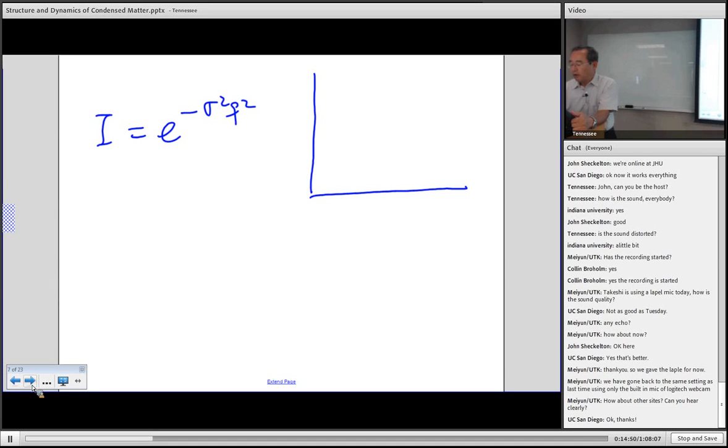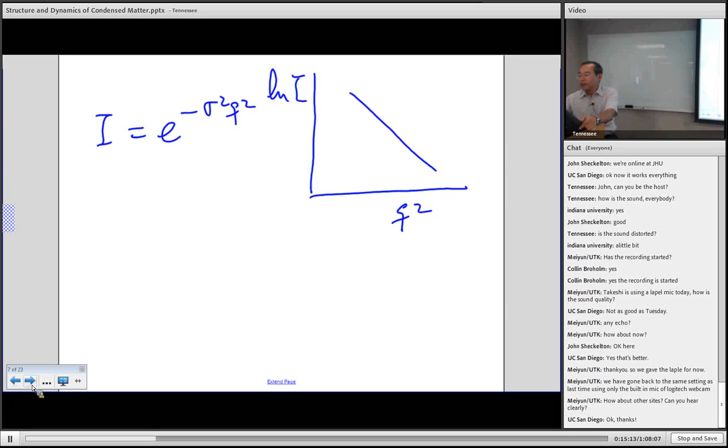If you plot the log of intensity against Q², where Q is proportional to sine theta, and theta is small, so Q is proportional to theta, so Q² is almost like theta², then you get a straight line. From the slope you get this sigma squared.